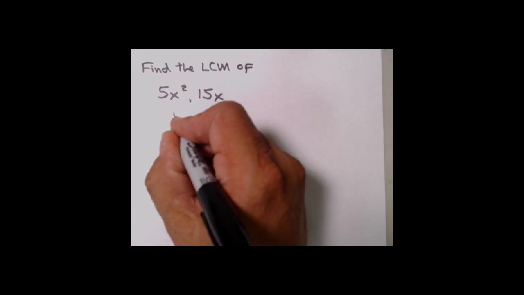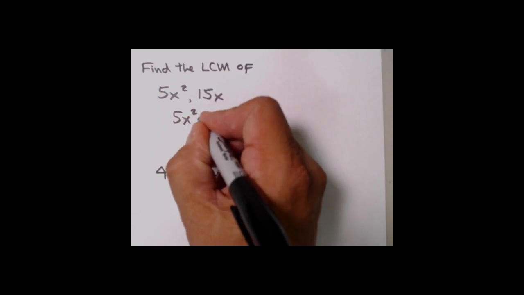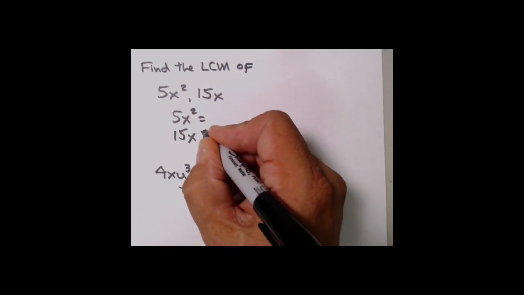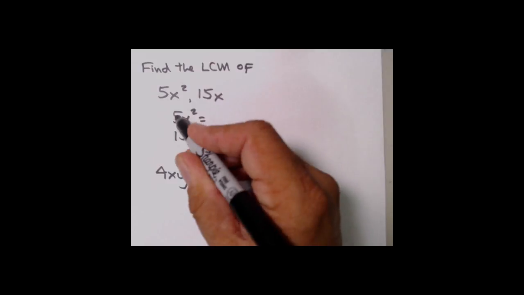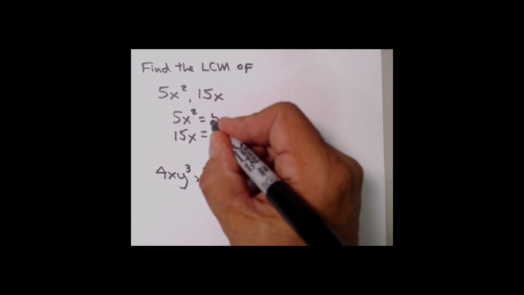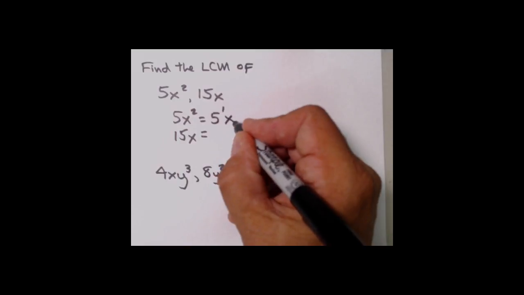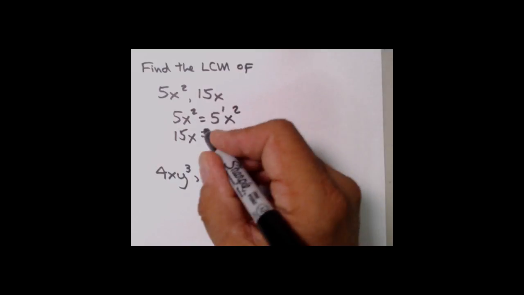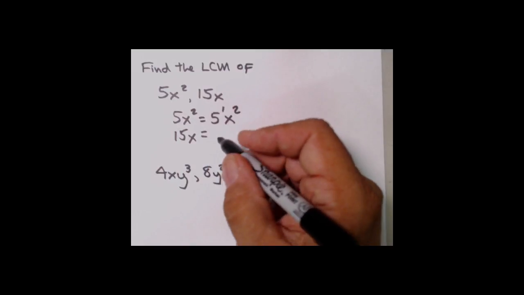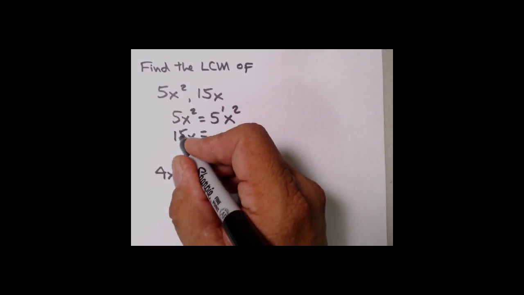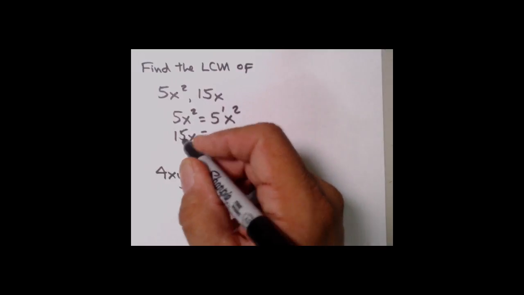Well, here we go. 5x squared equals, and 15x equals. Well, 5 is prime, so we don't have to break that down anymore. And the x squared, well, the beauty of the variables is they're already in prime factor form. Just write down x squared. Now, the 15 here is 3 times 5.